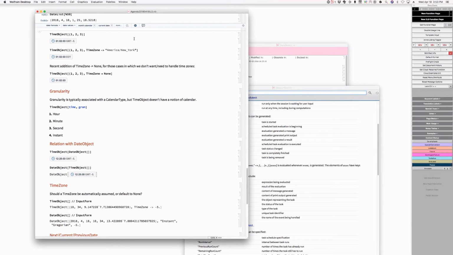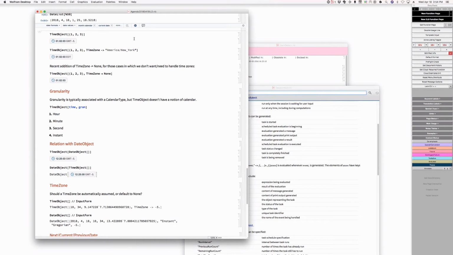And since time object hasn't propagated throughout the system extensively, we've used it in places where it's applicable, but it's more of a narrow construct than date object is. The general question, if we want to update it to include granularity, is do we want to think about time object as just 24 hours on a clock that always tries to reduce to a specific moment in time?